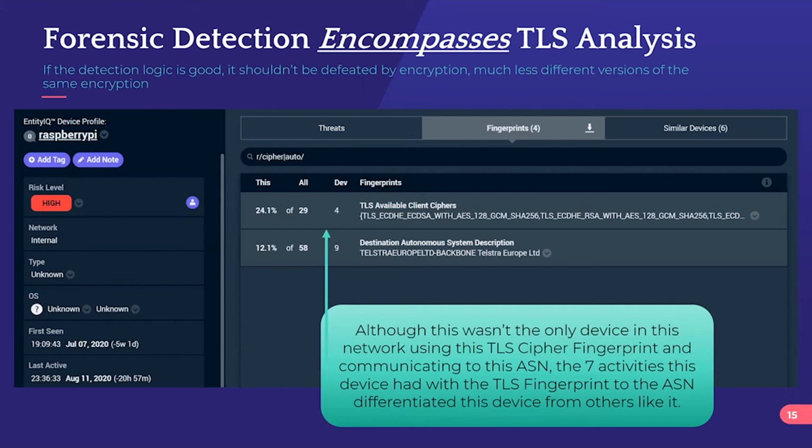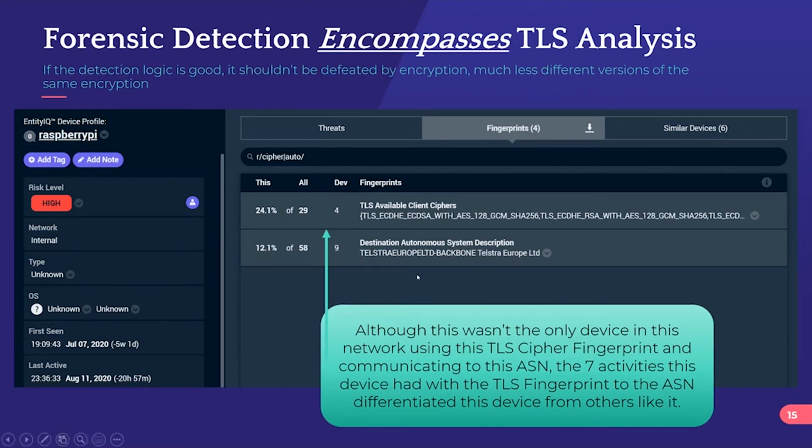Over that period of time, one of the things that have stood out, that have separated this device from other IoT-like devices, is this TLS traffic. It has this fingerprint that it's not the only one in the network. In fact, there are 4 other devices that have this particular fingerprint. But this device is using it recurrently enough, and it's unique enough, that it is characteristic of what separates this device from others.